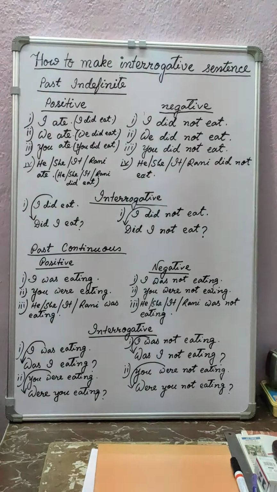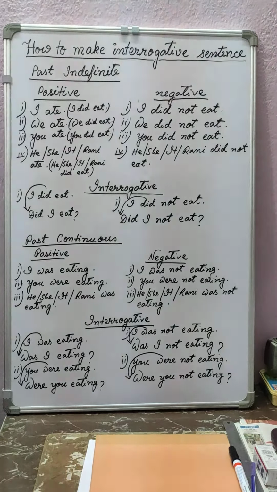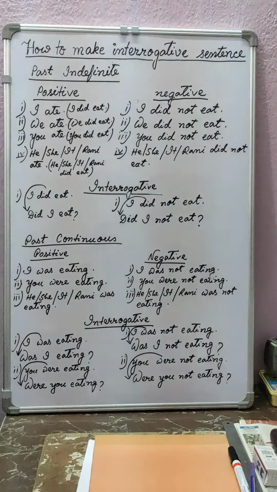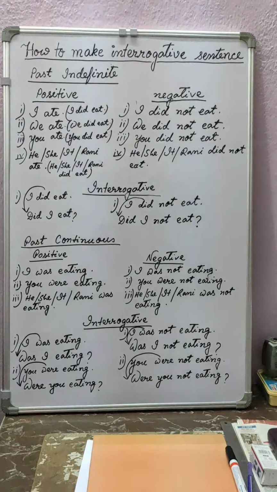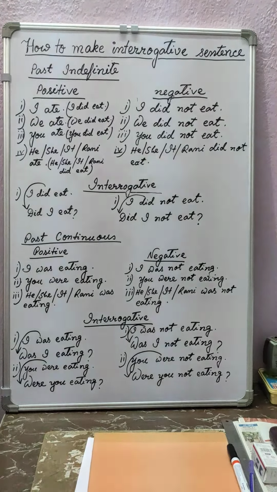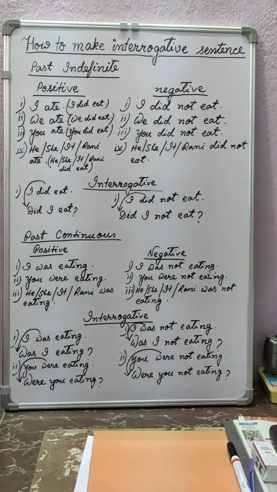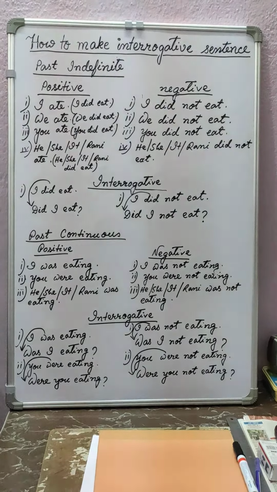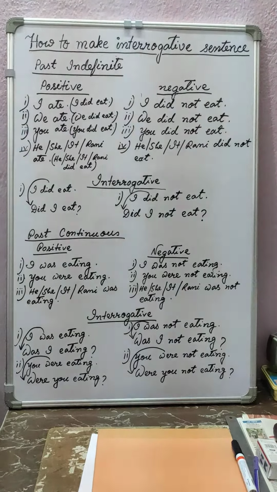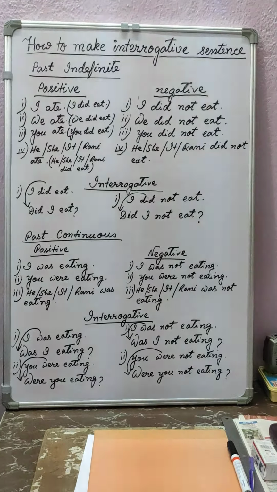Another thing you have to keep in mind is that the first letter of a sentence will always be in capital letter, and you have to put punctuation as per the sense. If it is an assertive sentence, put a full stop. If it is an interrogative sentence, put a note of interrogation or question mark.